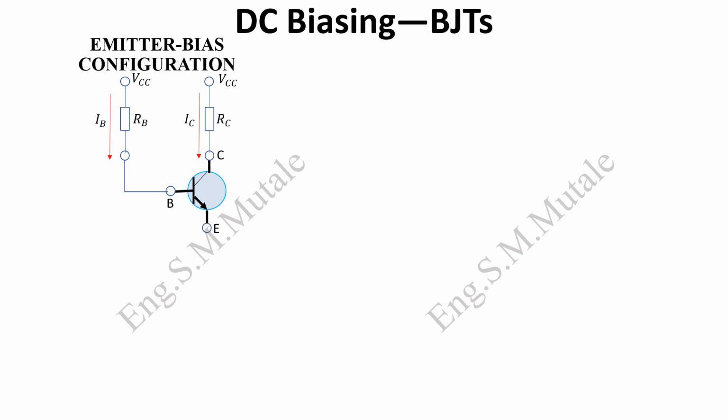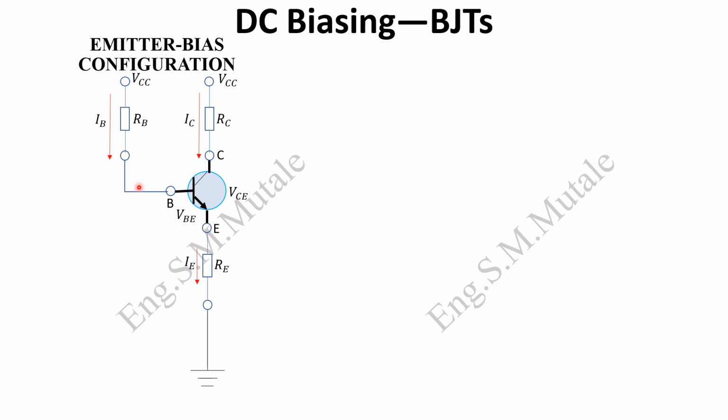This time around, we have a resistor connected on the emitter, which we are calling RE. Before going to the ground, you have a resistor connected to the emitter like that, RE, and the current passing through it is IE. So this kind of configuration is what we are calling the emitter bias configuration.